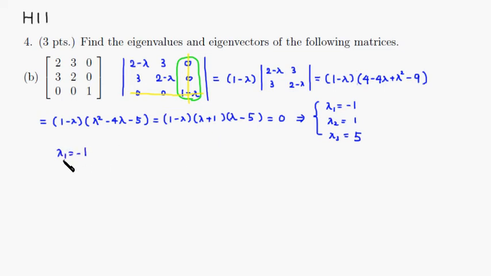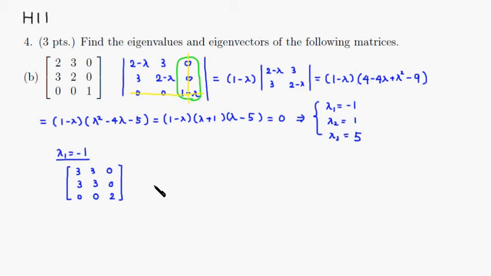We plug the lambda value back in, so you have this matrix equation. 2 minus negative 1 is adding 1, so it's 3 here, and you have a 3, 0, and a 3, and 2 plus 1 is another 3 here, then 0, 0, 0, and 1 minus negative 1, which is 2.